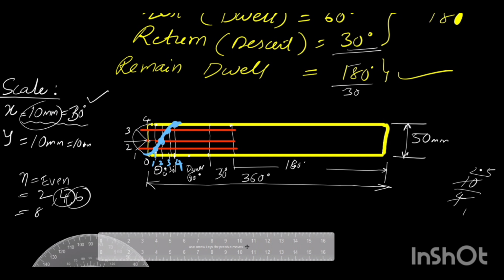After that the dwell, it means rest, you have to draw a horizontal line. Up to here only, the dwell will be up to here, the remaining dwell you can check here. Make a thick line compared to the other so that the curves can be visible. After that again you have to divide this 30 degree in the same format, 4 parts, but make the numbering in reverse, 4, 3, 2, 1. Again draw these vertical lines like this.